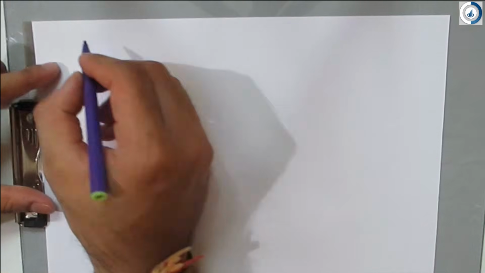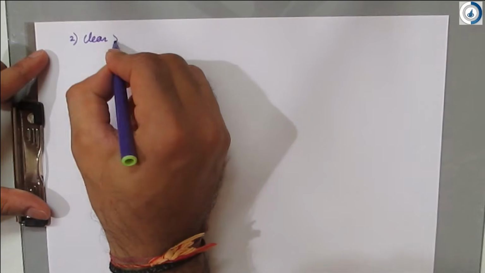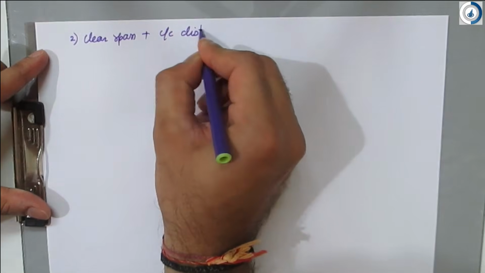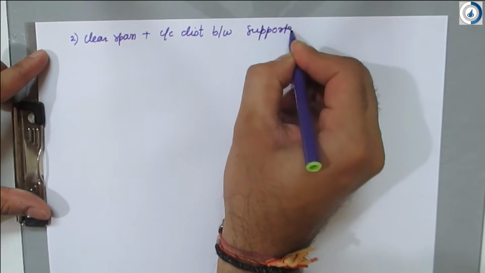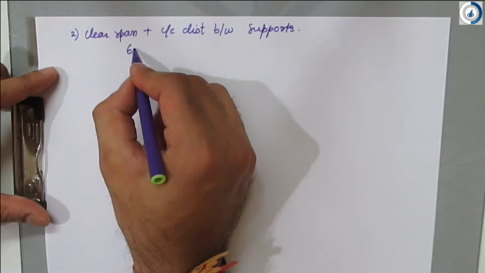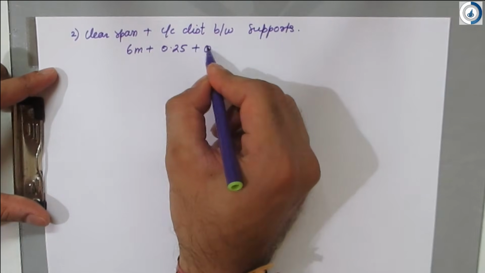Okay. Next, the second criterion is clear span plus center to center distance between supports. Okay, your support width was 500 mm. So clear span is 6 meters plus 0.25 plus 0.25.